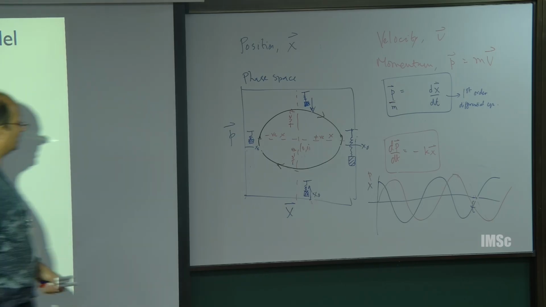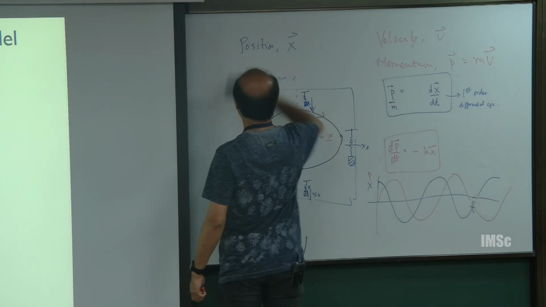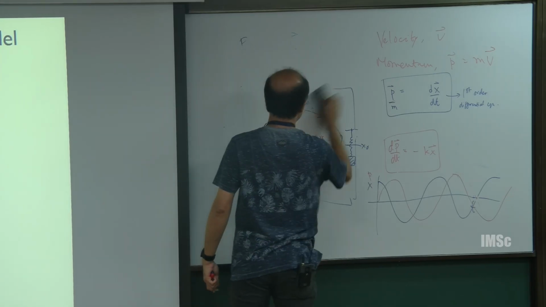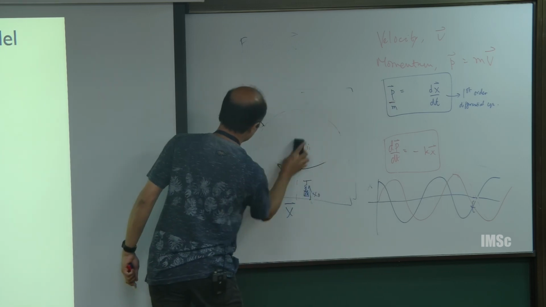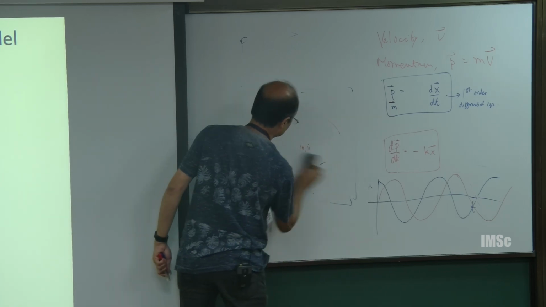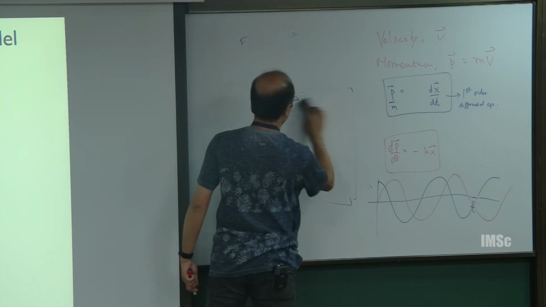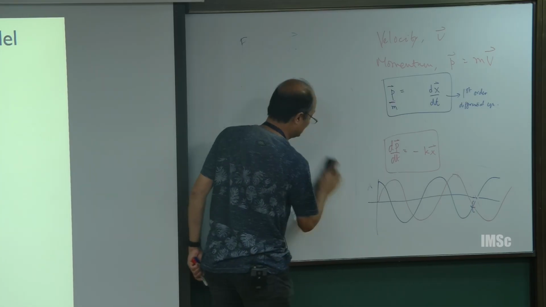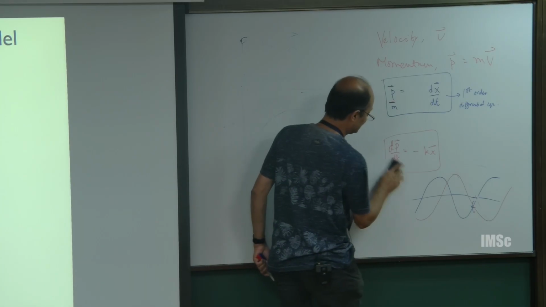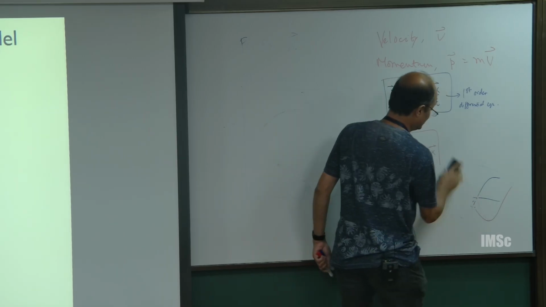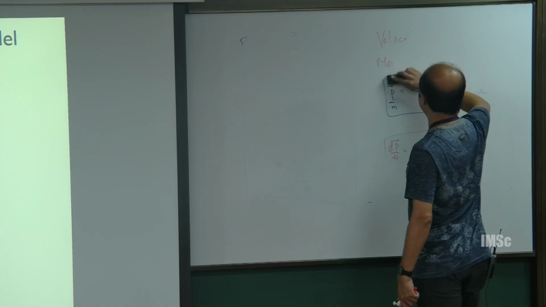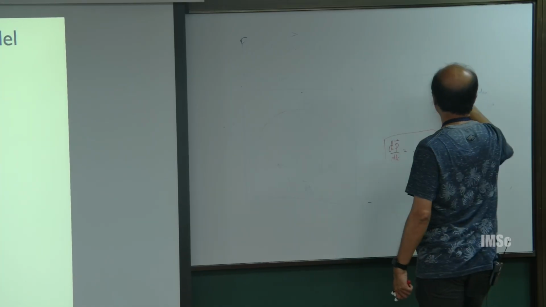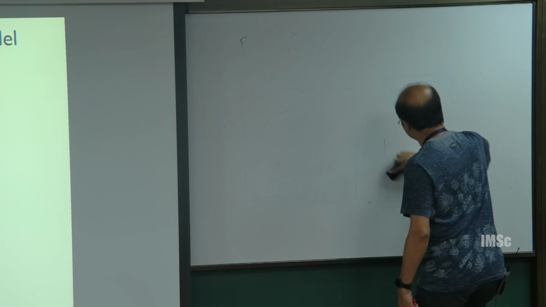So how will you do it? What we do is we take the first order differential equations and we draw the curves where you set du/dt equal to 0 and dv/dt equal to 0. This gives you what are known as the nullclines. Okay.